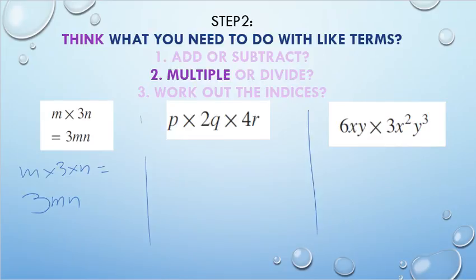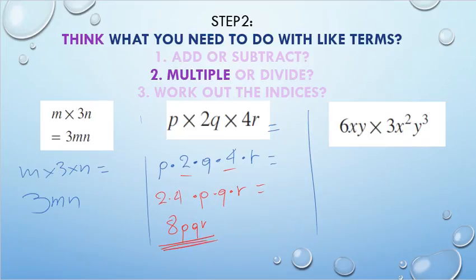Let's see what we're doing here. I need my alphabet. It is P, Q, R. So I'm opening everything, and I go P times 2 times Q times 4 times R. I need first my coefficient. So I go 2 times 4 equals 8 times P times Q times R. So I'm writing 8 times P, Q, R without any symbol.